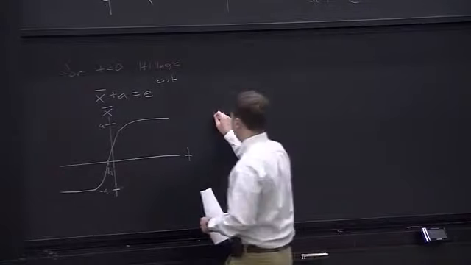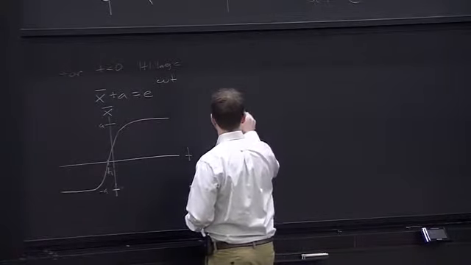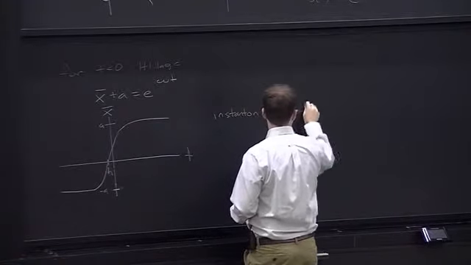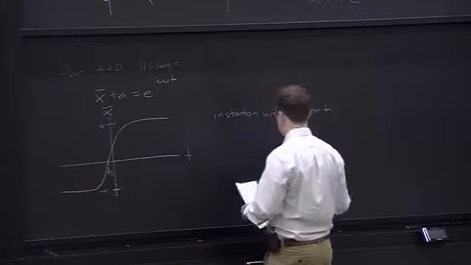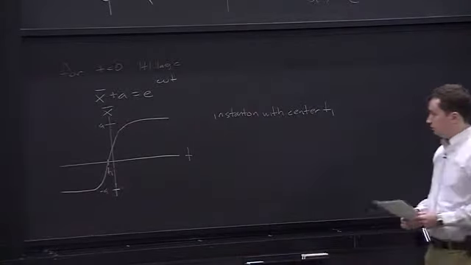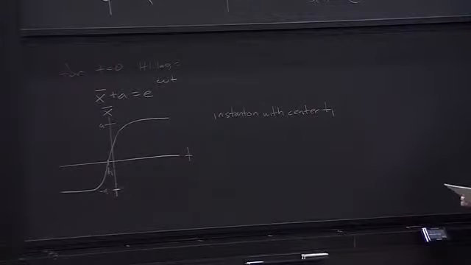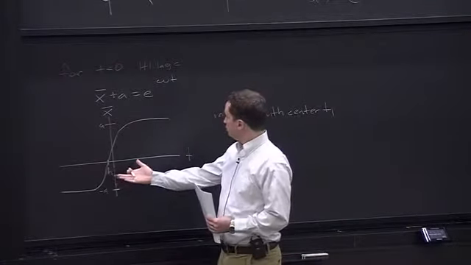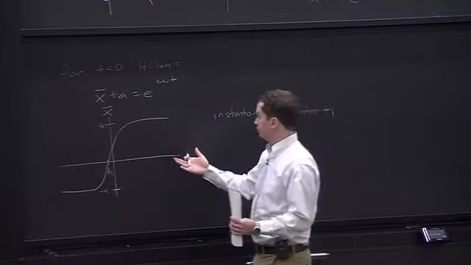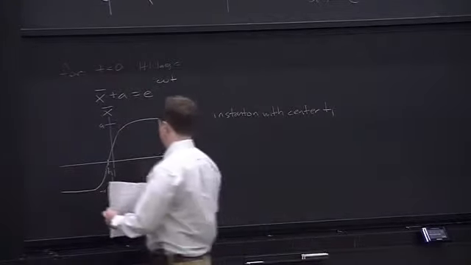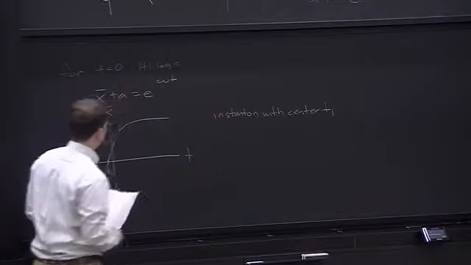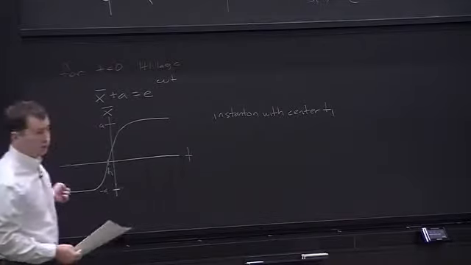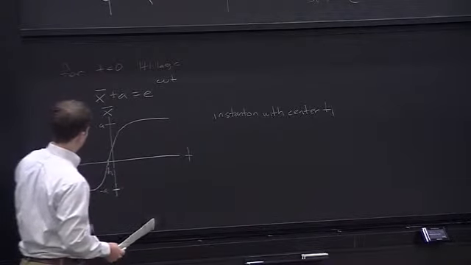And so this is our instanton, an instanton with center t1. It's localized in time. So in the large t limit, our boundary conditions just go to the far past and far future, and that won't really change the form of the solution near the center.